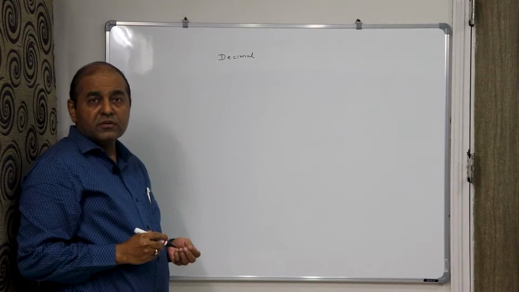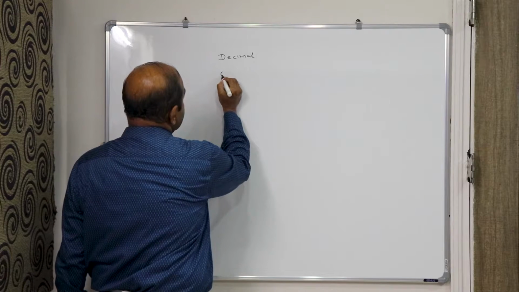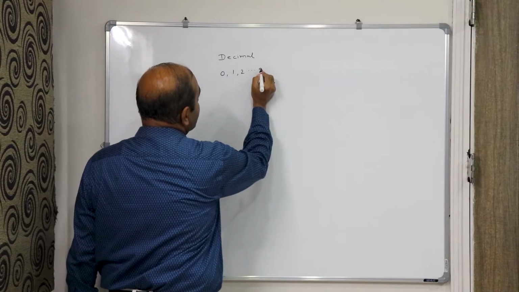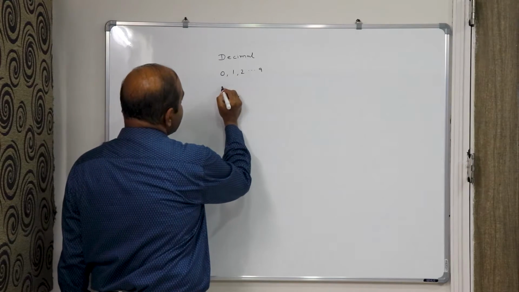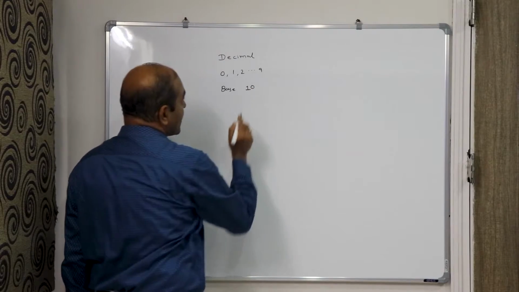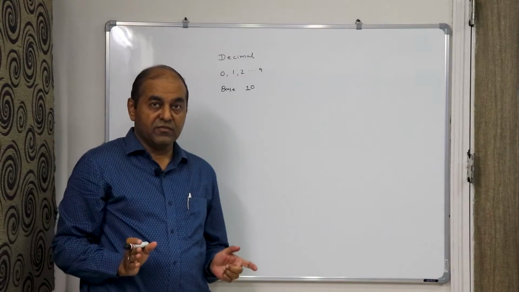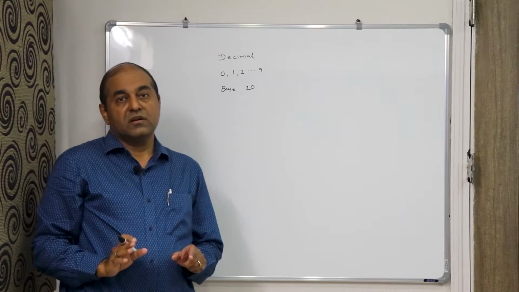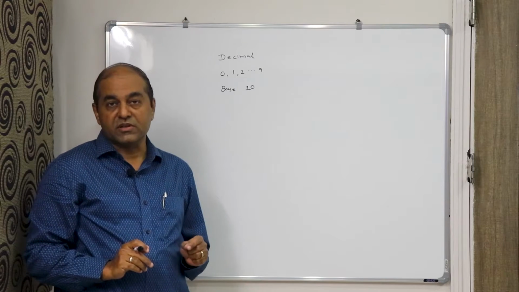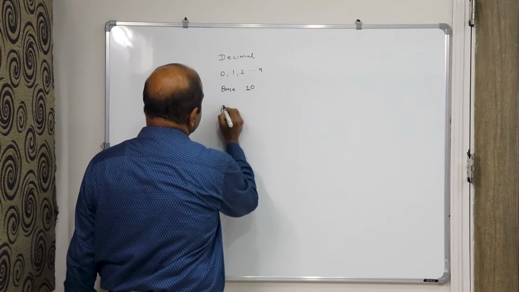Why it is called decimal? Because it has 10 basic digits, 0, 1, 2 up to 9, and base of the number system is 10. This number system we are using in our regular life, but in digital electronics we don't have to use decimal number system, we have to use binary number system.